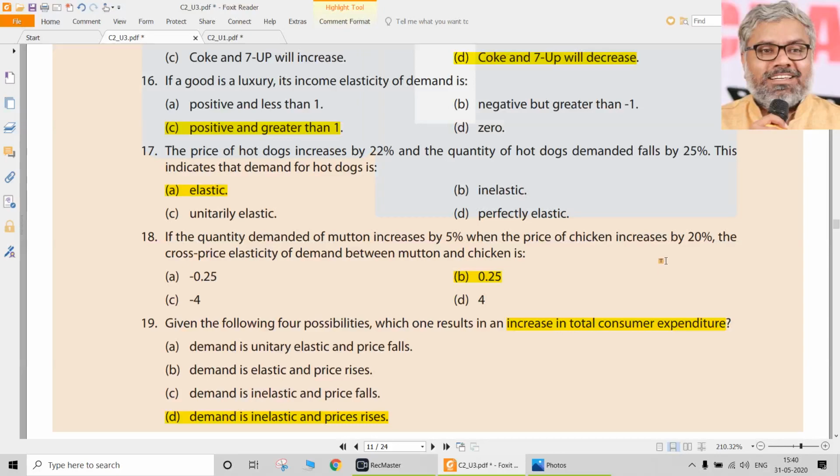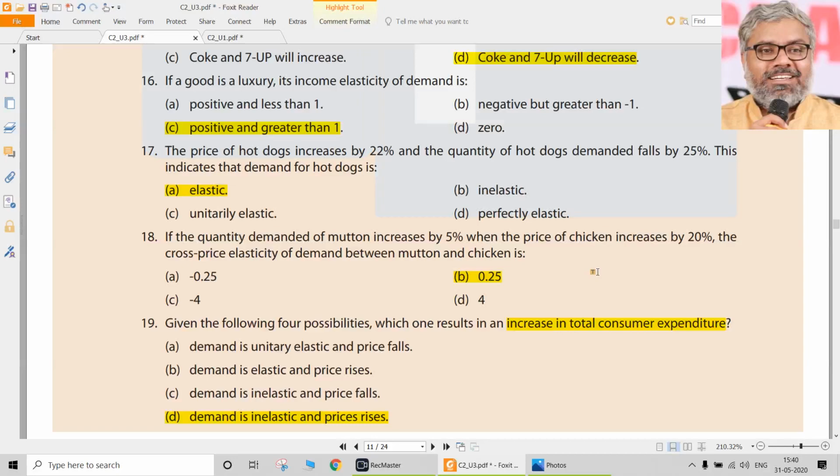We'll continue with some more questions in the next session, but before that, everybody should be thorough with many of these concepts, and you have to read the textbook thoroughly. This is just a glimpse of how the questions can be asked in the examination.